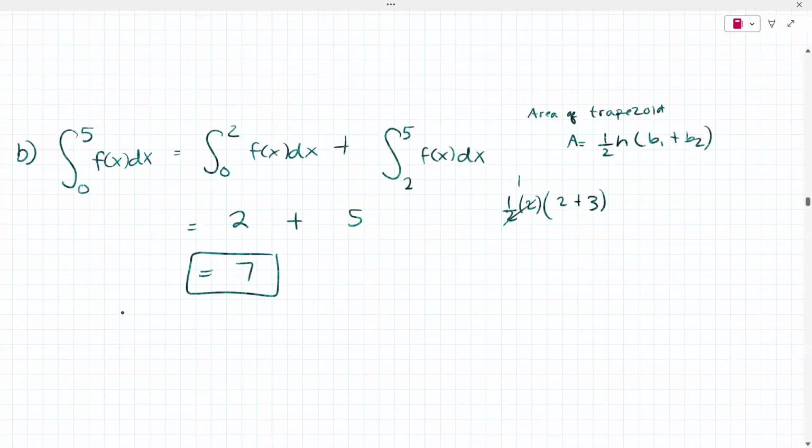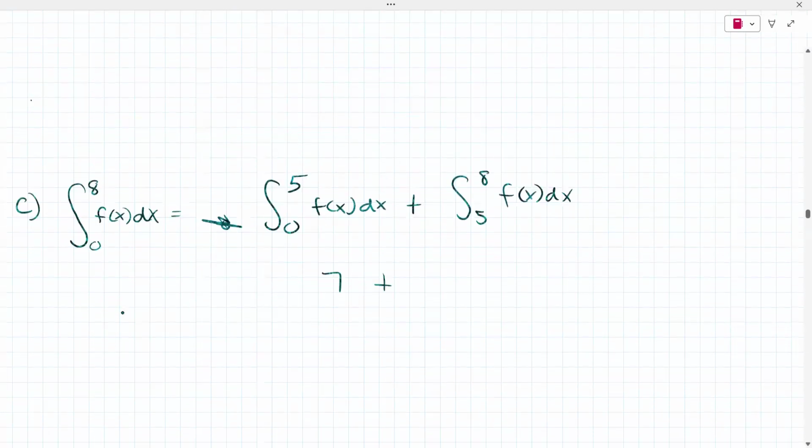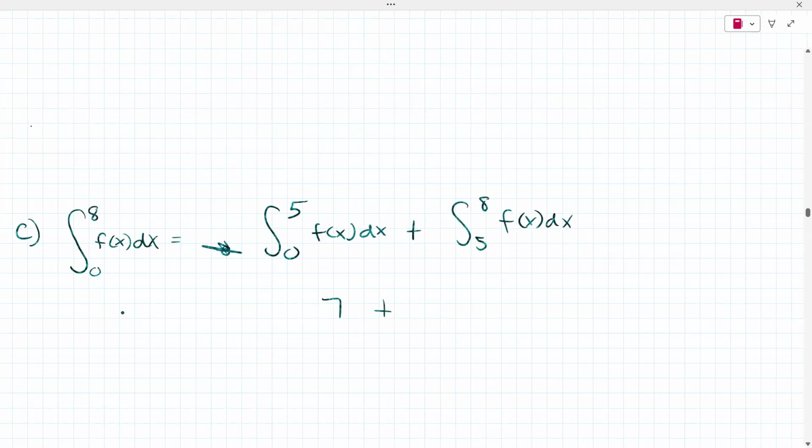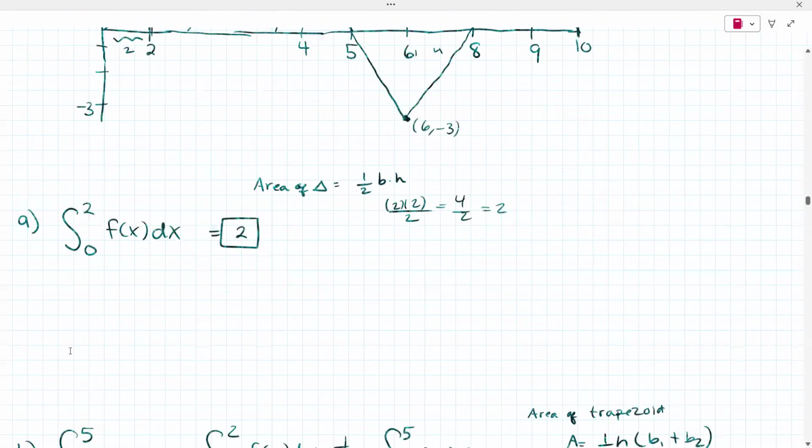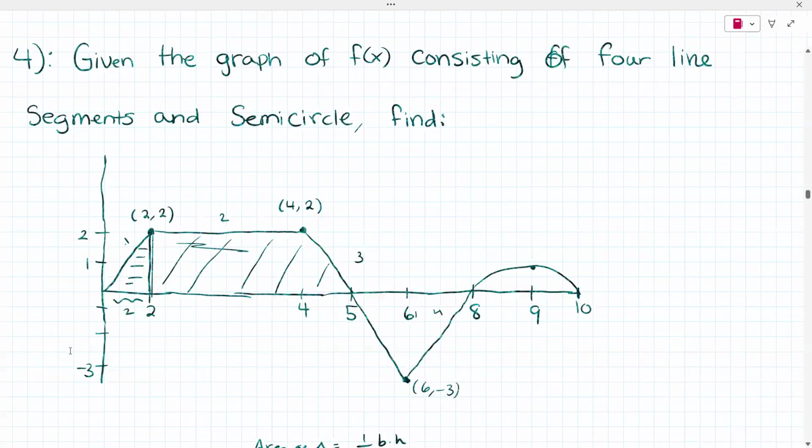The area of a triangle is base times height all over 2. The base is this distance. So what's the distance from 5 to 8? 3, right? The base is 3.